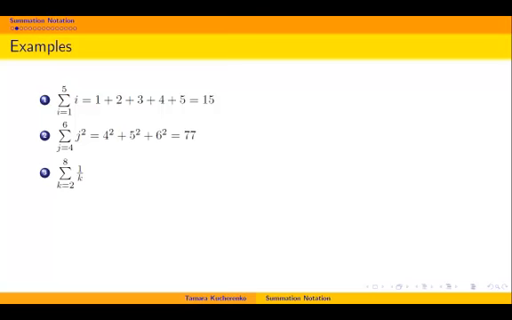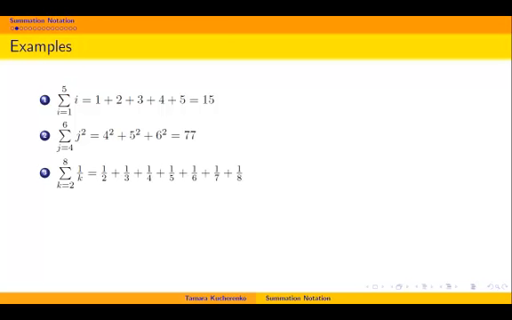The next example is the sum for k equals 2 to 8 of 1 over k. This means we need to sum up all the fractions with numerator 1 and denominators ranging from 2 to 8.